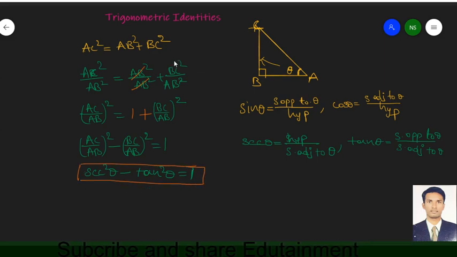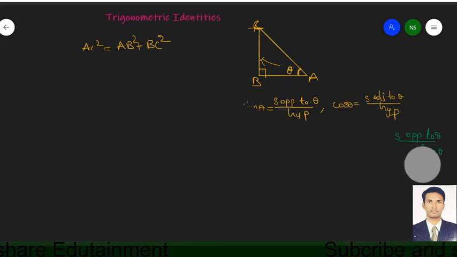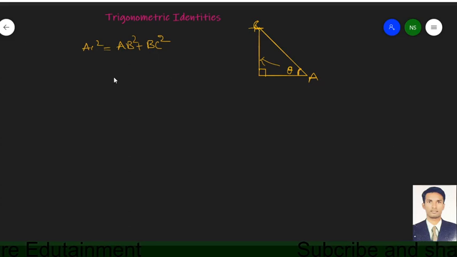Okay, if we divide this entire equation with BC square, then we'll get the third identity. Let us try to find that one also. Here AC square, if we divide the equation with BC square, what will we get?